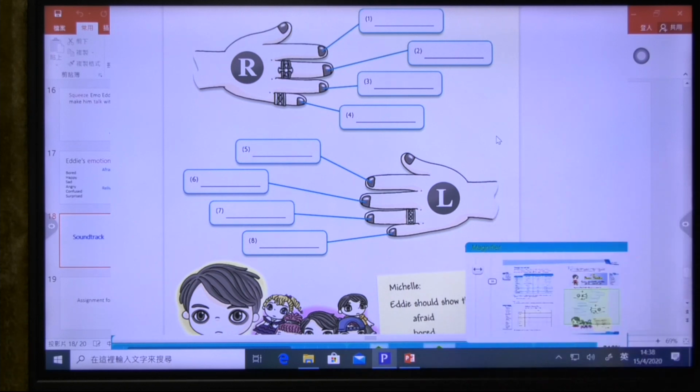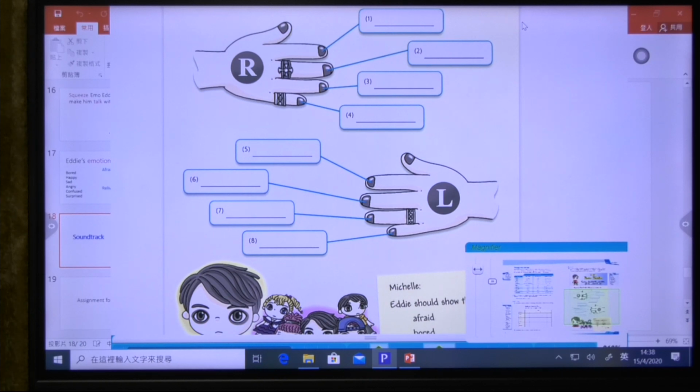Michelle, I need you to finish off this artwork for the new Emo Eddie toy. Sure, Mrs. Wong. What do you want me to do? You need to listen to the audio clips on this disc and then label each of Eddie's fingers with the correct emotion. His fingers have emotions? Yes, you squeeze his fingers to make him talk, and when he talks, you can tell how he feels. Oh, I see. Yes, you just need to write how he feels in those boxes.